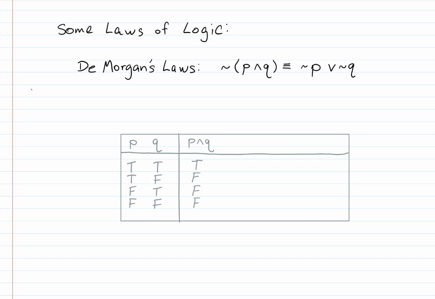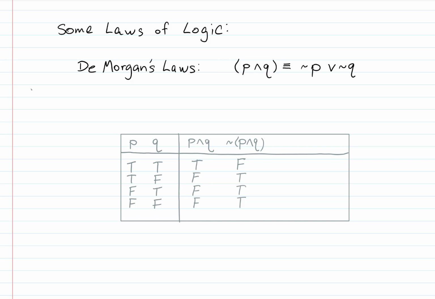And then I would like to make a column for the negation of that. Because that will finally give me this side here. Okay, so we're negating this. So we're going to get false, true, true, true. Okay, so there's a column for that statement form.